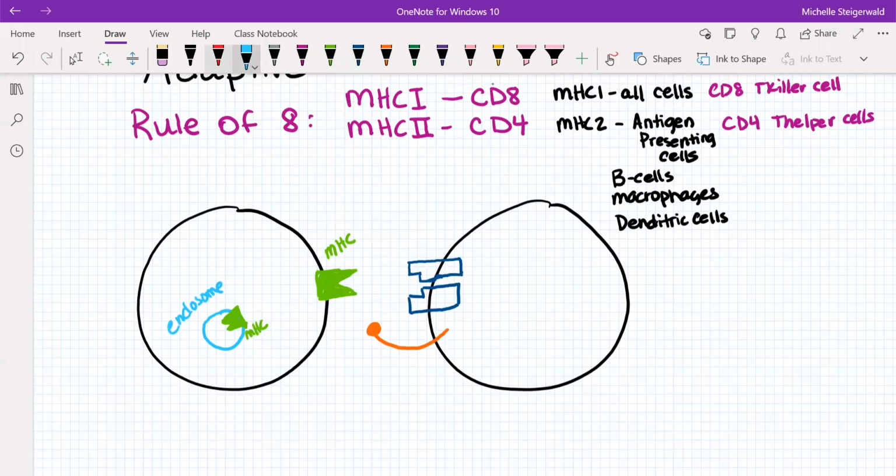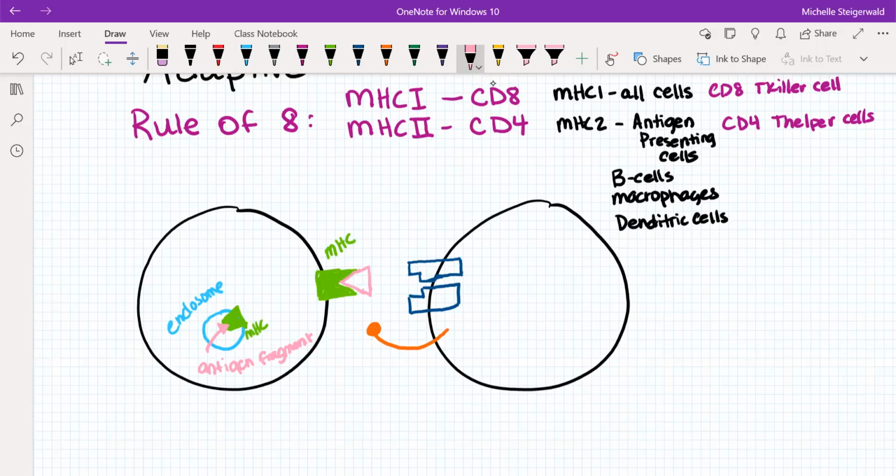At some point, you're going to end up with an antigen fragment that gets attached to the MHC receptor in the endosome. That then gets exocytosed.